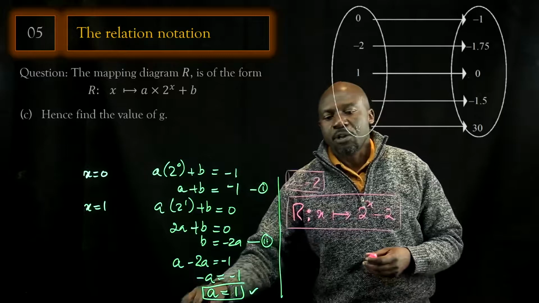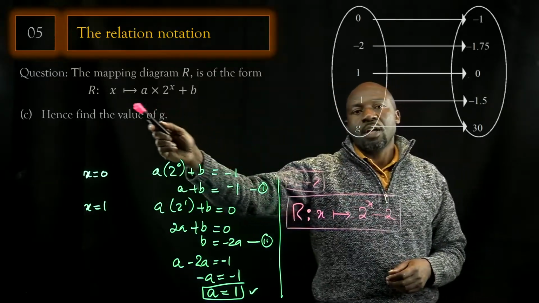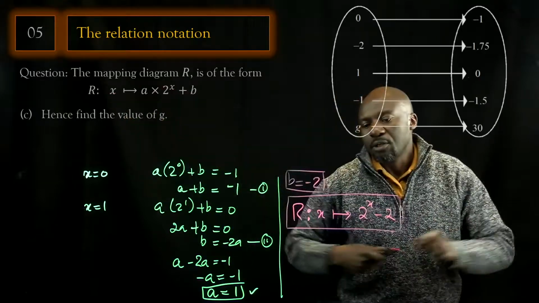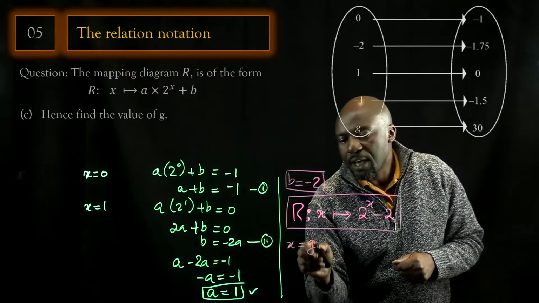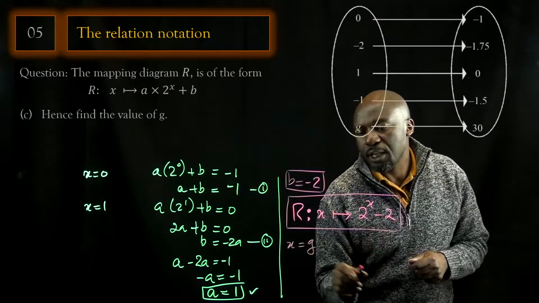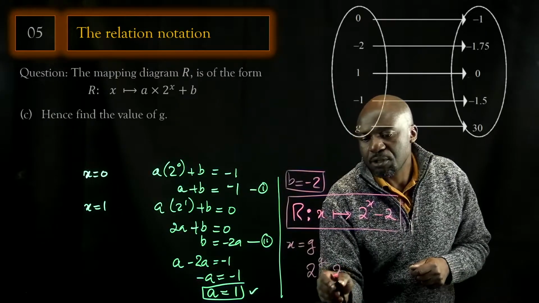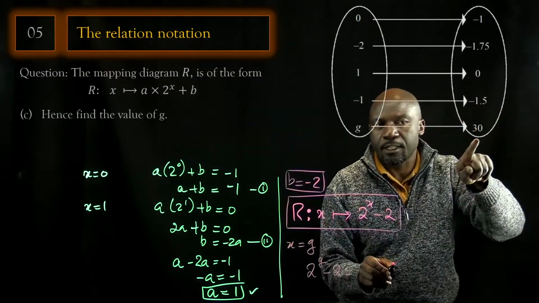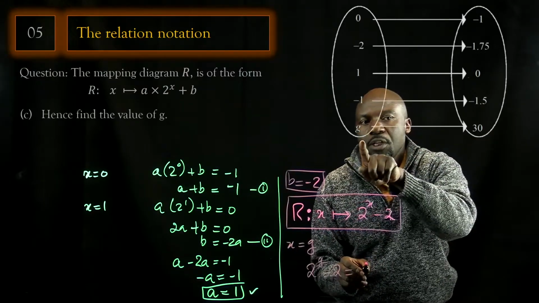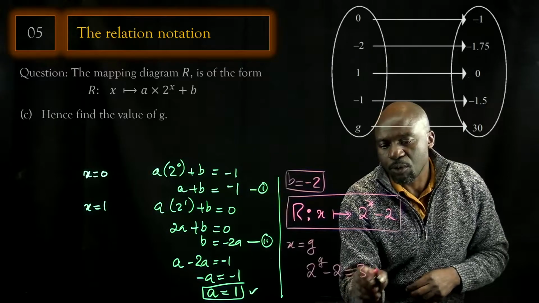It means when we substitute g into the function, so let x be g. So 2 power g minus 2 must be the output there, which is 30. So when we put in g, we expect to get 30 there. So this must be equal to 30.